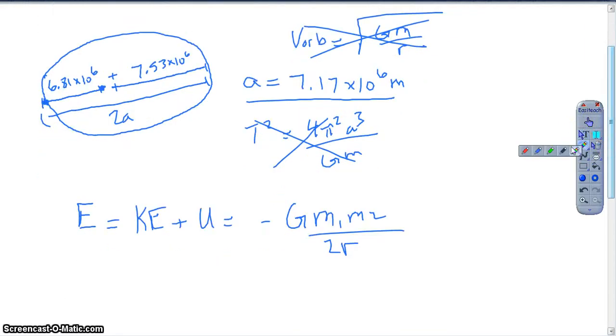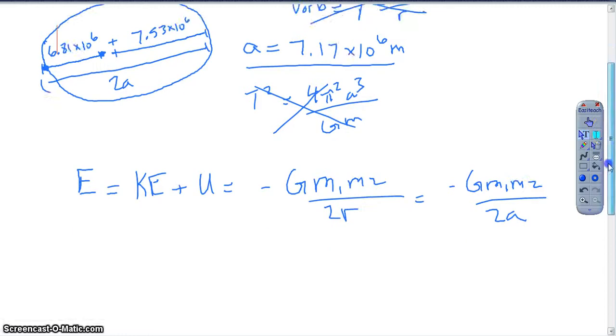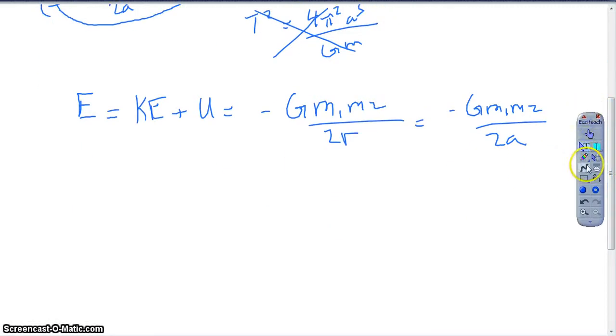The only difference for an ellipse is instead of r I use a, so negative G M1 M2 over 2a. So my elliptical energy equation, if you will, is this whole expression right here. So then this would represent my total energy for the satellite as it's in orbit.